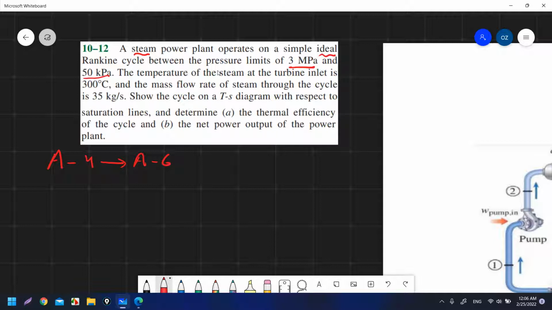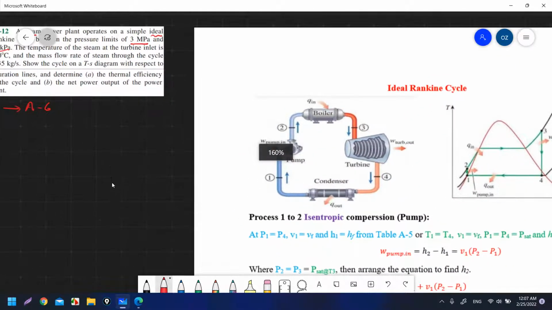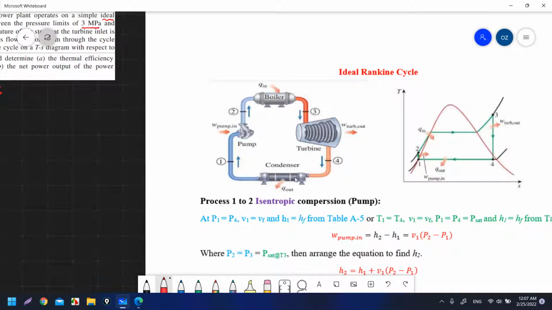That is a good point, that the Rankine cycle operates between two pressure limits. The high pressure limit, which we call the boiler pressure, and the lowest pressure, which we call the condenser pressure. As you can see here, the components of the cycle are a condenser, then a pump, then a boiler, and finally a turbine.